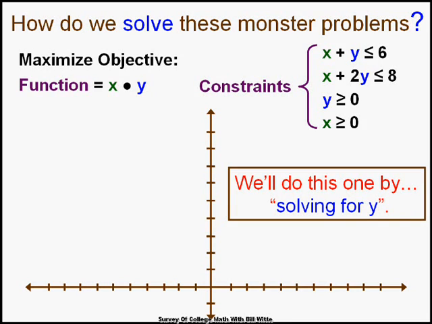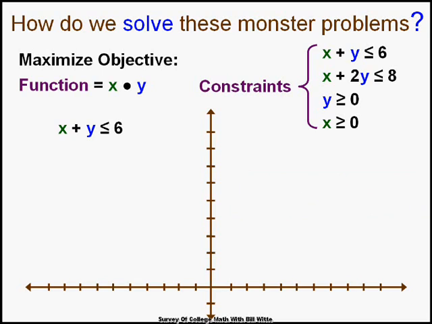Well, we have two methods, remember. Let's do this one by solving for y, because it looks easy to solve for y. I'll subtract x from both sides, and I'll get y is less than or equal to 6 minus x. And I'll pretend that y is equal to 6 minus x, and I'll get 3 points. If I put in a 0, 6 minus 0 is 6. There's that point.